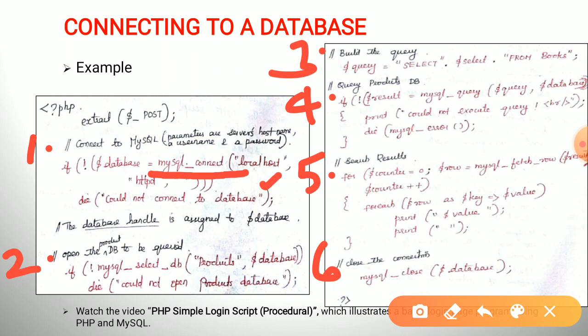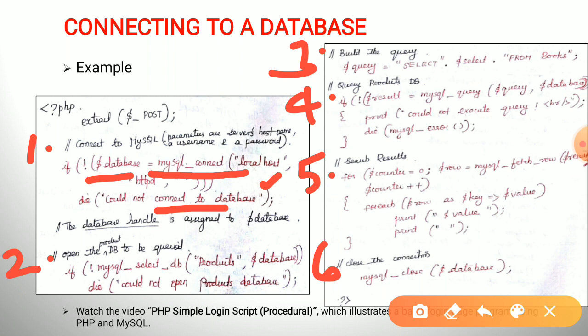Otherwise we need to specify the server's IP address. Then comes the ID and password that are set while installing MySQL. If successfully executed, that is if the connection is established, the database handle is assigned to $database. Otherwise, it will display the message, could not connect to database.